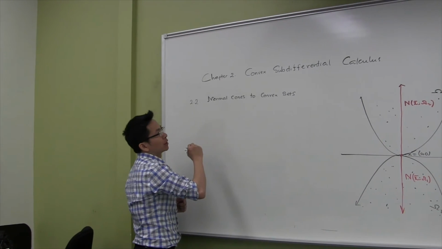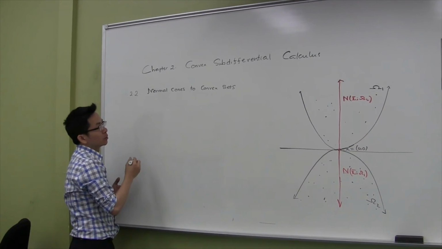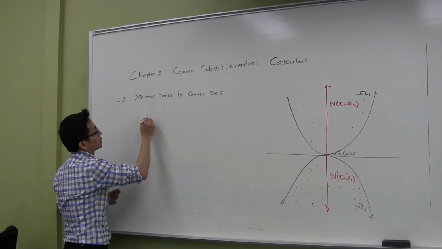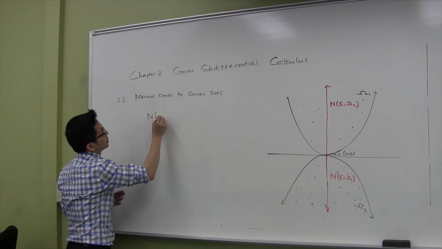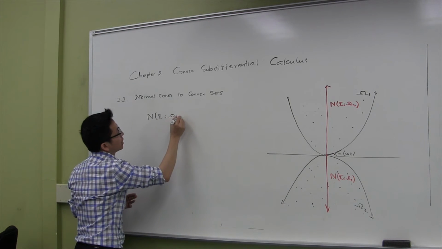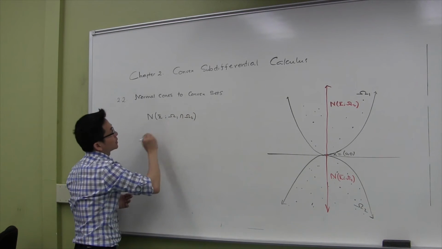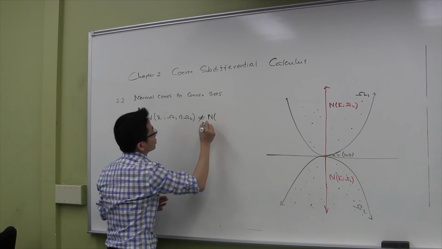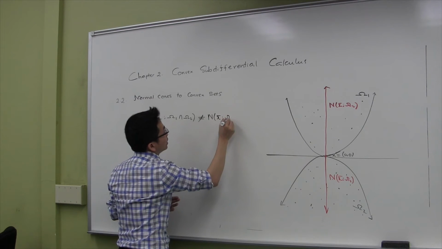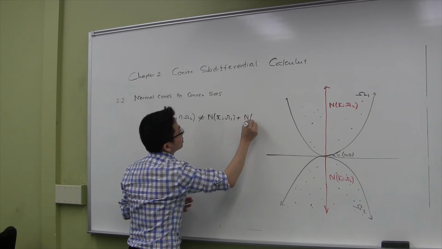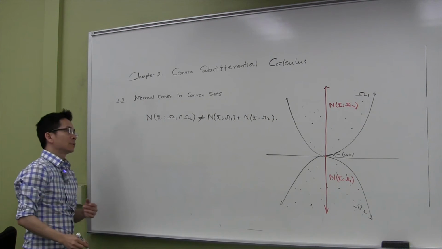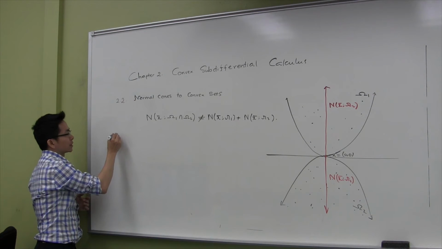So that means we're going to show that there exist two convex sets, omega 1 and omega 2, such that this normal cone intersection rule fails: the normal cone to the intersection of omega 1 and omega 2 at x bar is not equal to the sum of the normal cone to the set omega 1 at x bar and the normal cone to the set omega 2 at x bar. So the example is as follows.